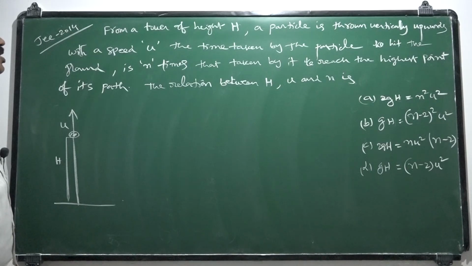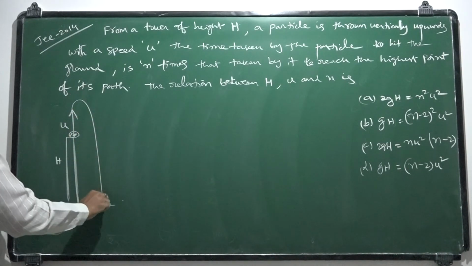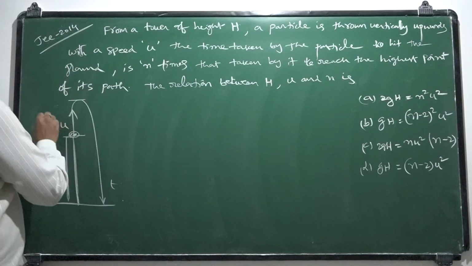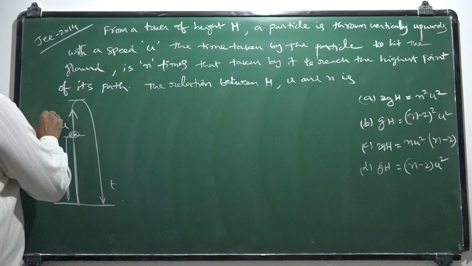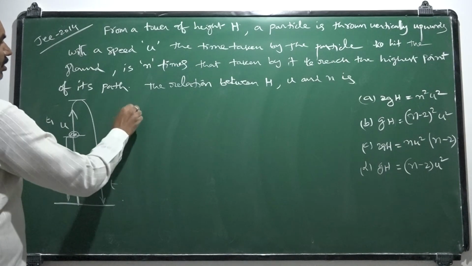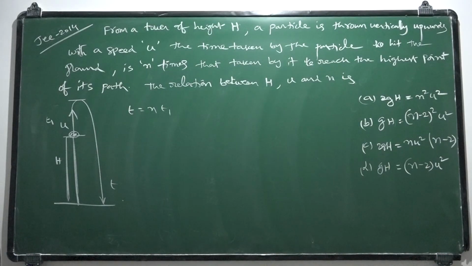It will hit the ground after time t. This time t is n times the time taken by it to reach the highest point, from here to here, take suppose t1 time. Then what is the relationship between capital H, u and n?